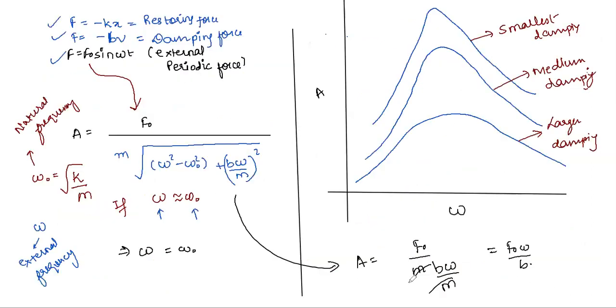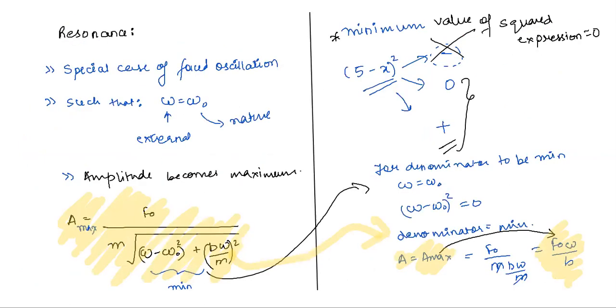Okay, pardon me for this. So it's F naught upon b omega. That was a calculation thing. It happens sometimes. Now is it fine? Very good, Karuna. Excellent. Appreciated your attention.